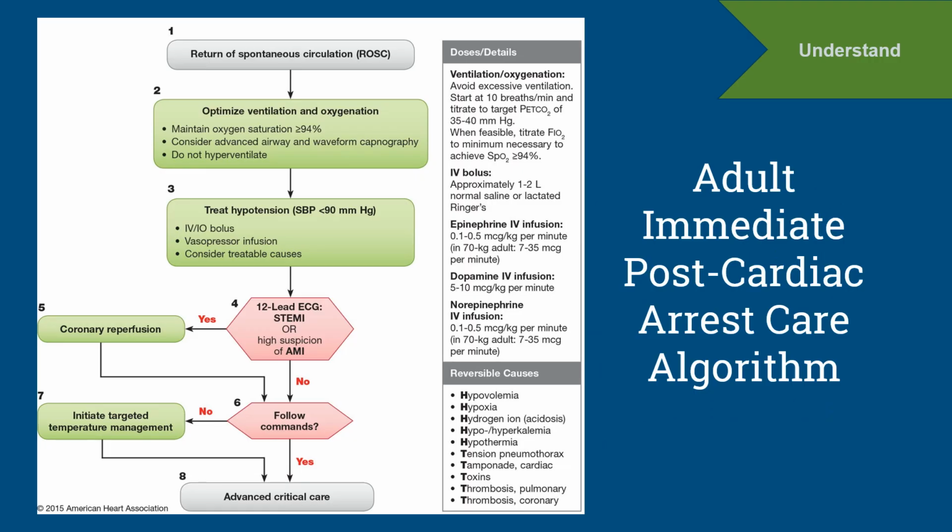Here's an adult immediate post-cardiac arrest care algorithm. There's multiple steps to use. You start from the top of is there a return of spontaneous circulation, and then you go down to optimize the oxygenation, and then we check to treat the hypotension, and from there 12-lead EKG, and then it goes depending on whether that's a yes or no. The patient might be going through coronary reperfusion, then just going off of the follow commands, then initiate target temperature management, and advance the critical care.